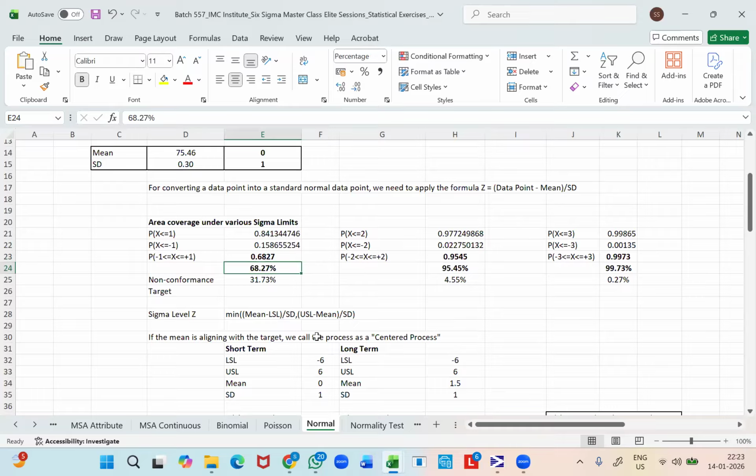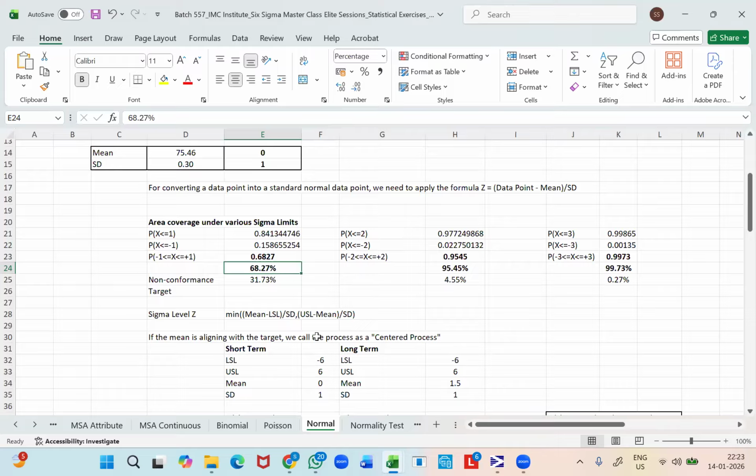If you have such a low adherence, then the process is said to be functioning at 1 sigma level. We are slowly getting into the calculation of sigma level, right? So when the process adherence to the customer specification is 68.27% of the overall production, then the process is said to be functioning at just 1 sigma level.